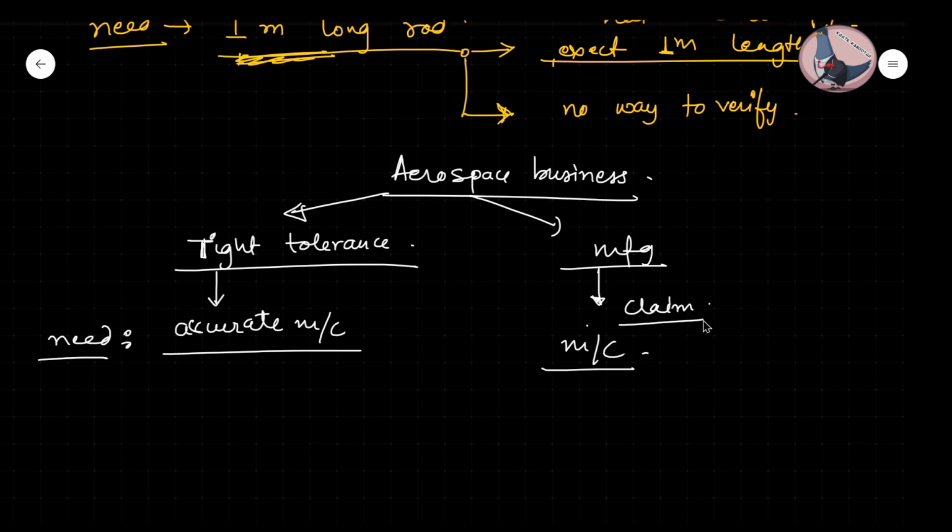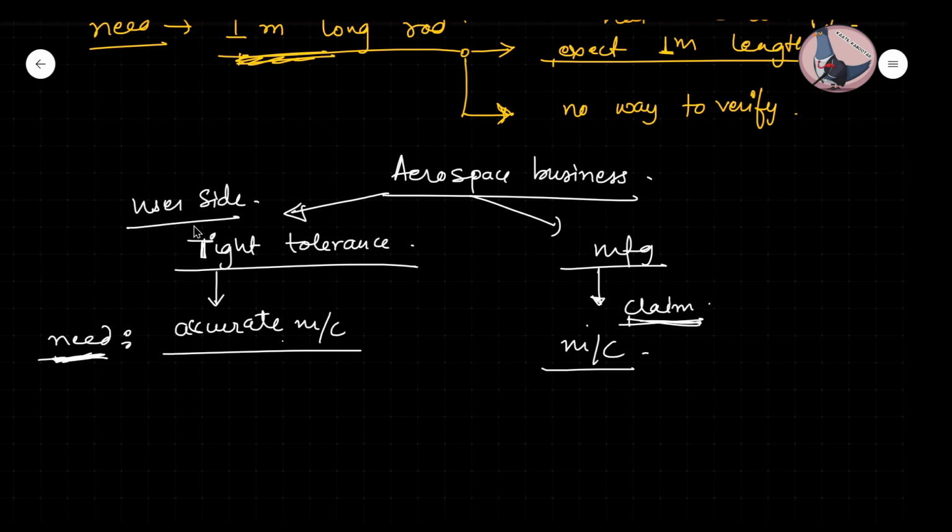Now he is claiming it, and you have to prove whether these claims are good or not, because your need is already present and your jobs are already in the pipeline. So you have to buy this machine, qualify your objects, and then use it. This is the problem from the user side.